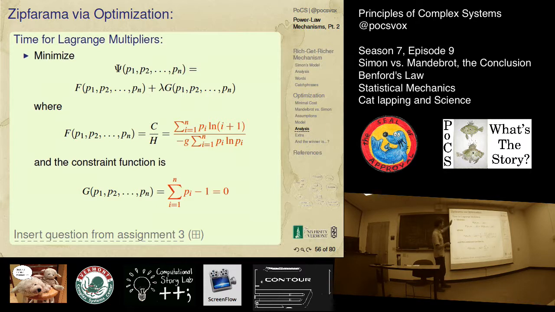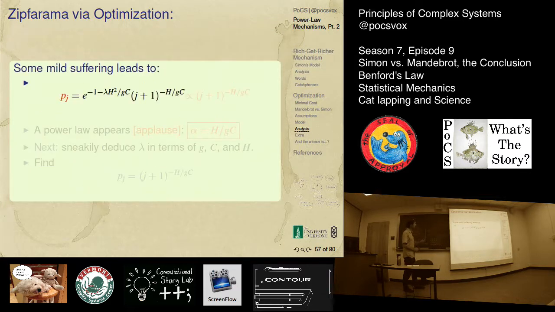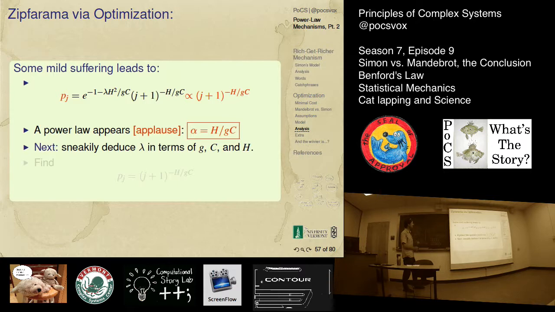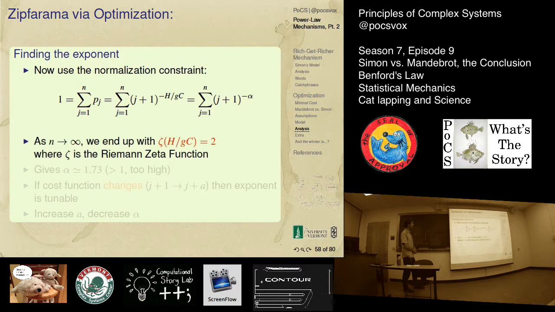Okay, so we got to this madness here, right? So this is a little exercise for you guys to enjoy. Minimize this horrific function, which is really all about the cost of sending messages per informational unit. So you want to minimize that, subject to the constraint that the probabilities of your symbols add up to 1. So that's all fine. So we went through this a little bit. We found out that there's a claim that we get a power law out of it. We're very happy about that. We have to do some magic to figure out what the exponent is.